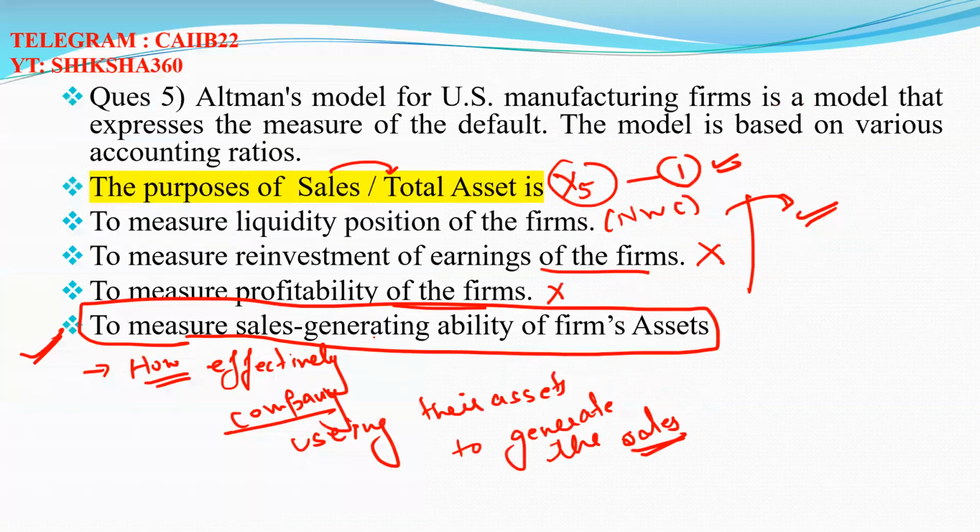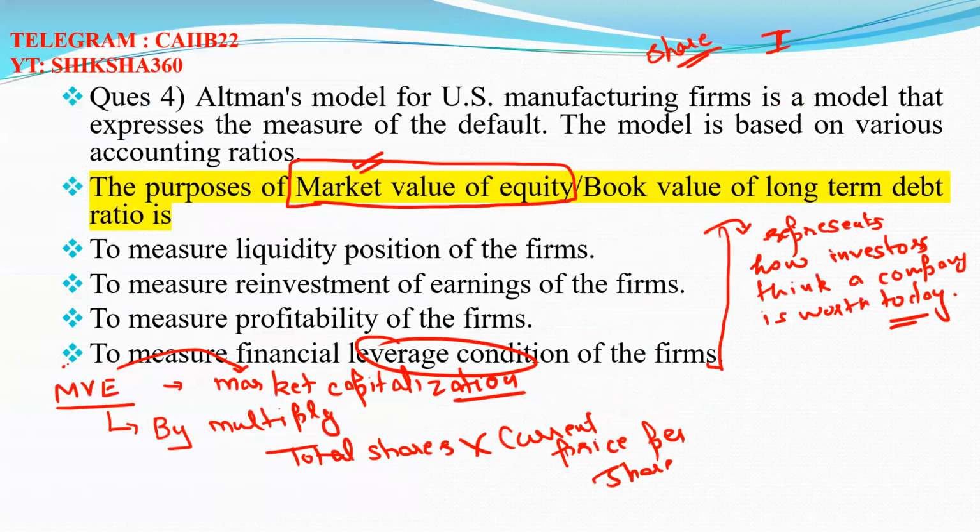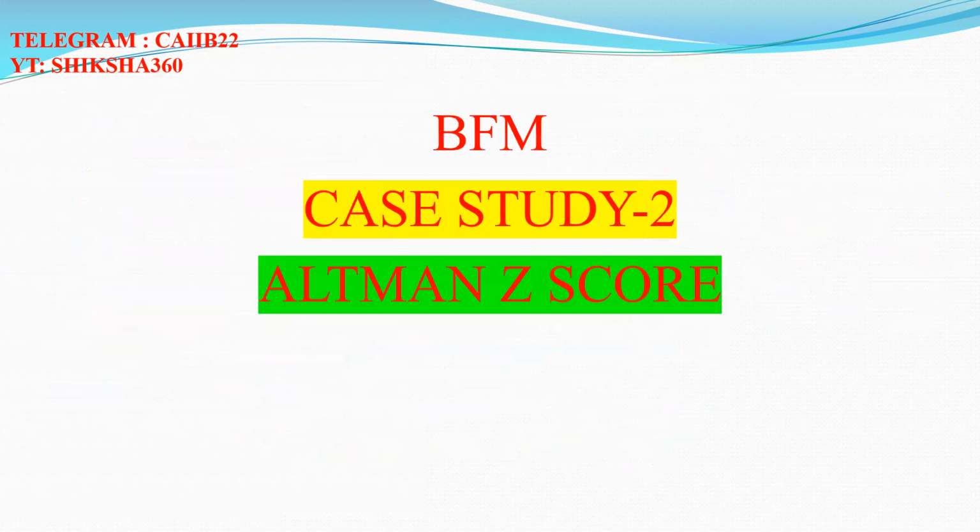Market value of equity, how can we calculate it? Total shares into the current price per share. On that basis we are able to calculate the market value of equity.